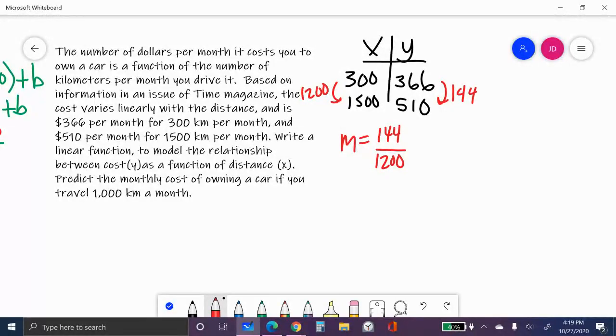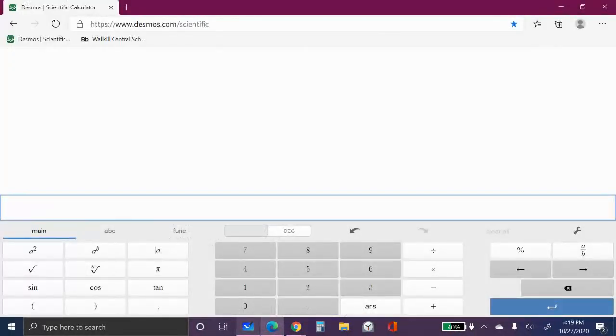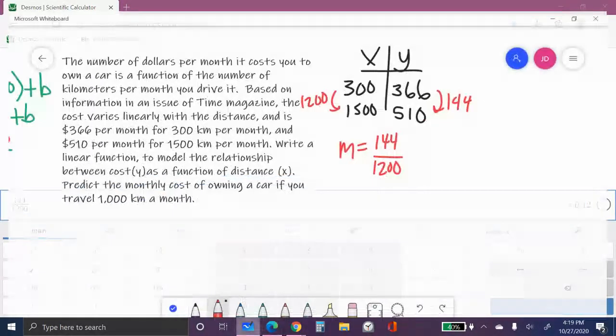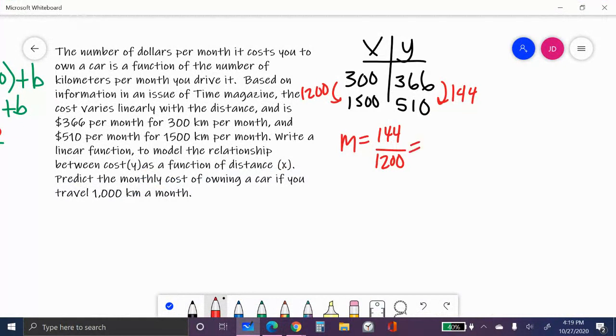So I'm going to divide that in my calculator. 0.12. All right, I'm going to leave it as a decimal, since it's a nice decimal. And that's going to give us the rate. It's 12 cents per kilometer. Okay, so that's my m.